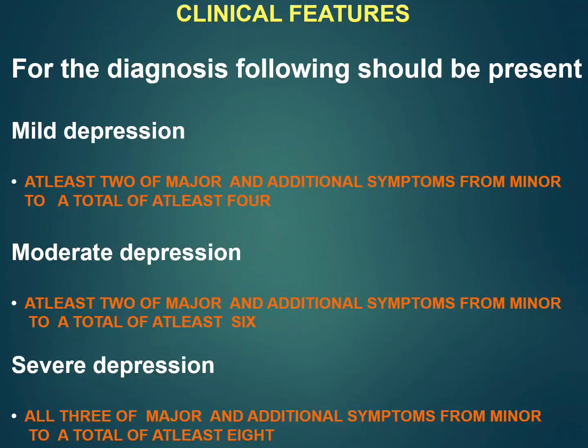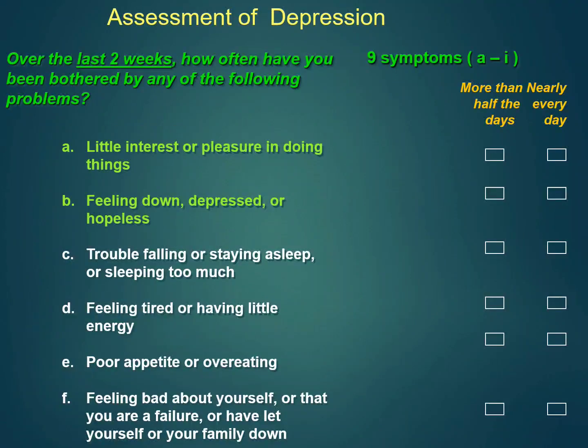Now, this is about mild, moderate, and severe, I told you earlier. Assessment of depression: this is a scale, the PRIME-MD scale, it's called. Various symptoms are there, where usually it is seen over 2 weeks. When we use diagnostic criteria like ICD-10, it is seen over 2 weeks.